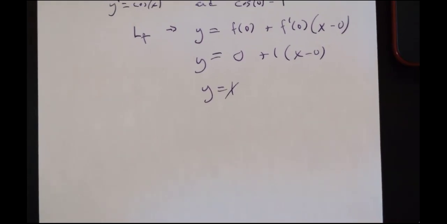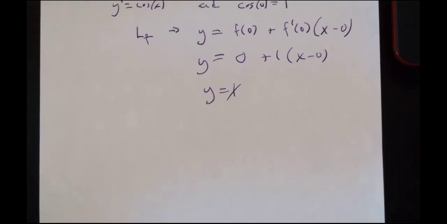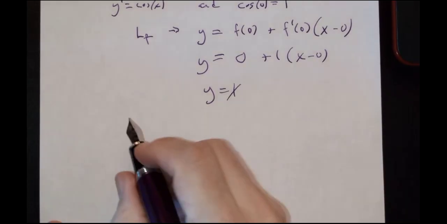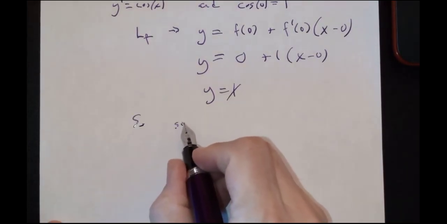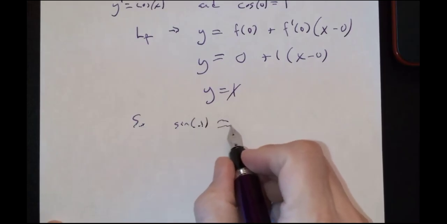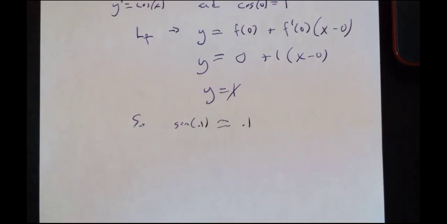By the way, why would I care about this? Who cares that sine of 0.1 is roughly 0.1? There are 13 of us in this room. Without this idea, we'd be blind.